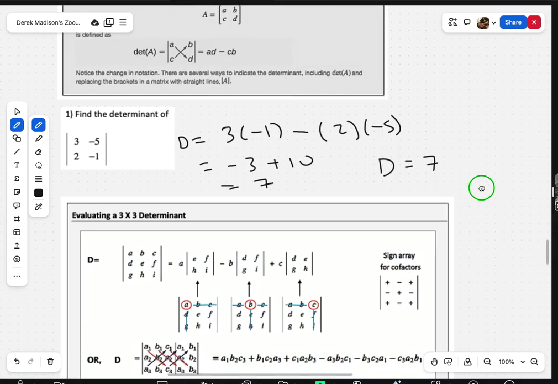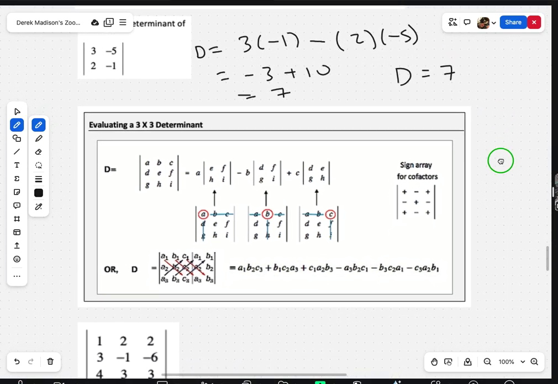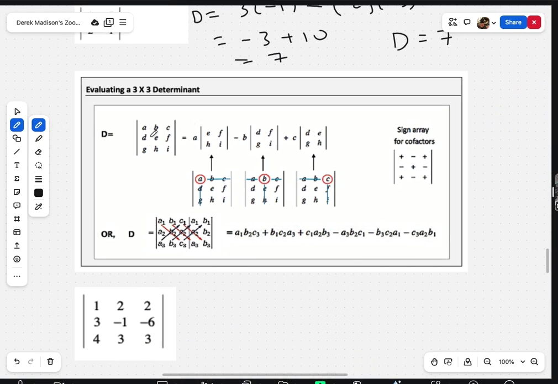For a 3x3 determinant, that's a little more involved. So we're going to have a 3x3 system like this, and here's our values. What we do is we take, these are called cofactors when we think of them as going across. We're going to go A times what would be called its minor matrix.